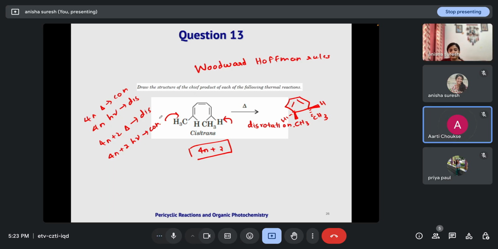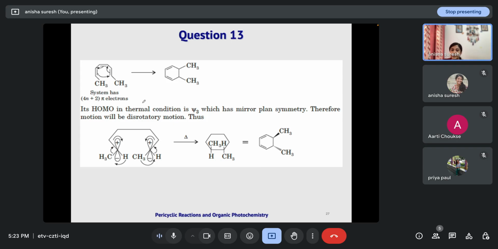As you can see, the system has 4n plus 2 pi electrons. Its HOMO in thermal condition is Psi3, which has mirror plane symmetry. Therefore, the motion will be disrotatory. So under disrotatory condition only, this constructive overlap will be taking place, resulting in the formation of this trans product.